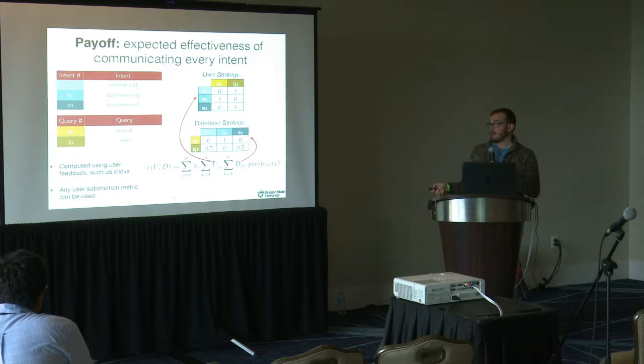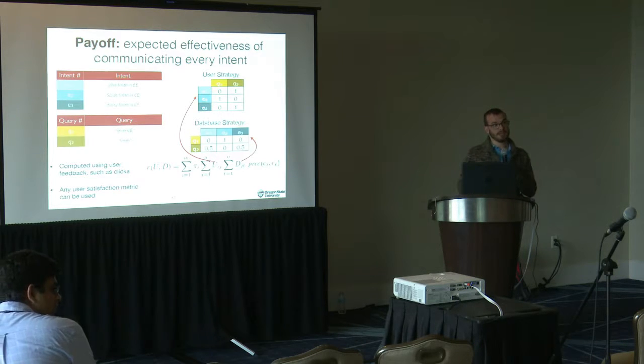Then U and D are the user and database strategies respectively. We also have a satisfaction metric, which we can calculate using any satisfaction metric, and we use user feedback to calculate that, such as the user clicking on returned results.